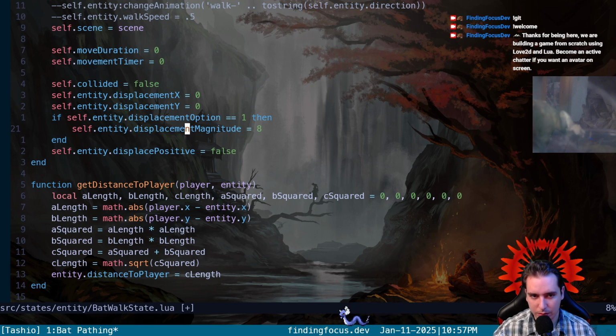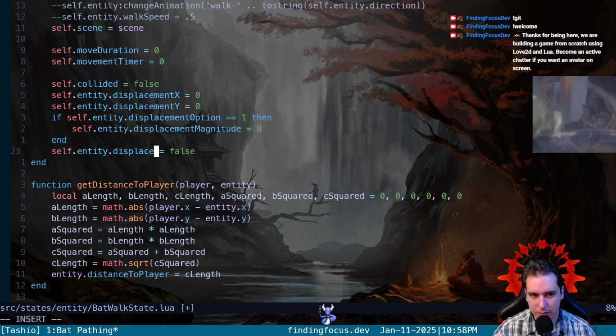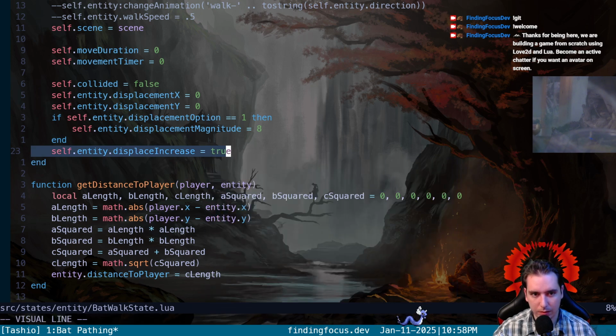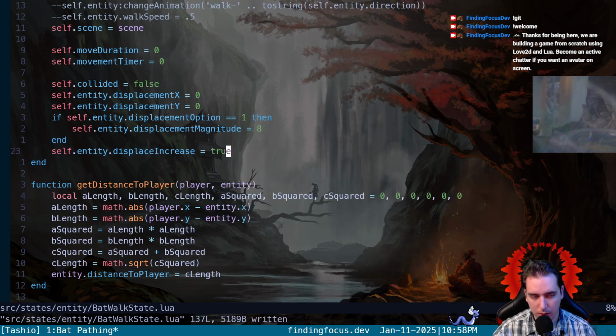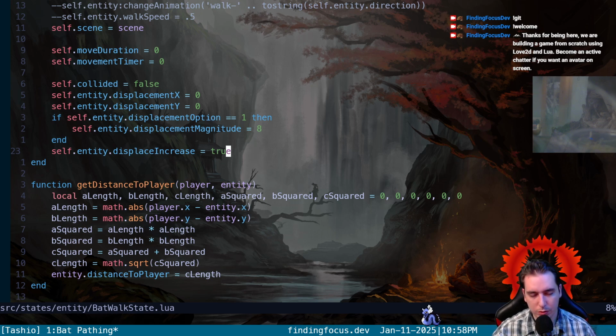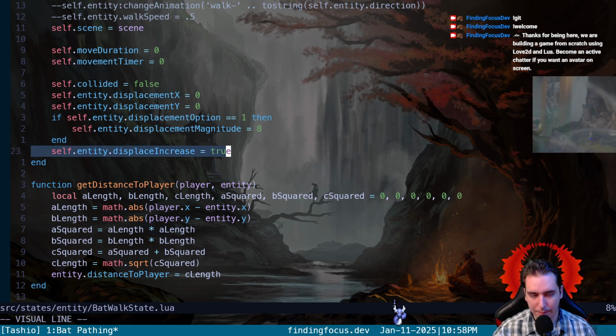So displace increase or decrease, if we're just worrying about positive numbers. Let's try that. Since we initialized to 0, we'll set displace increase to true. So it'll go from 0 up to the displacement magnitude, and then back down to 0, and then back up. So let's see if we can get this working on just the displace x.